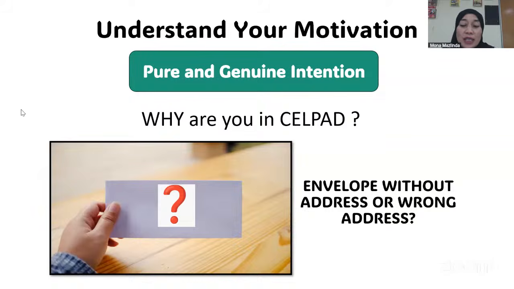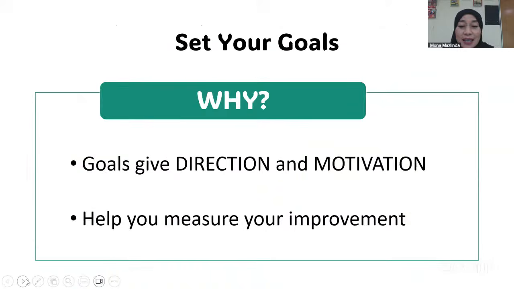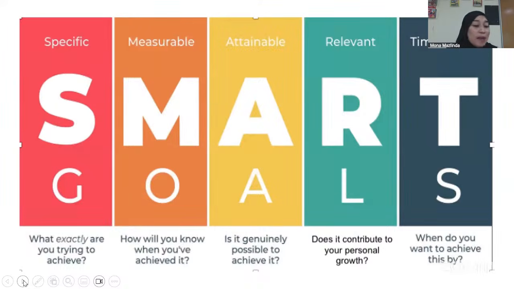After knowing your motivation, next slide, Sister Munira. Understanding your motivation, next is setting your goal. Why? Because having a good goal will direct you to improve your language learning. One technique that you can use is SMART goals. SMART refers to being specific. You have to have a realistic, achievable goal.